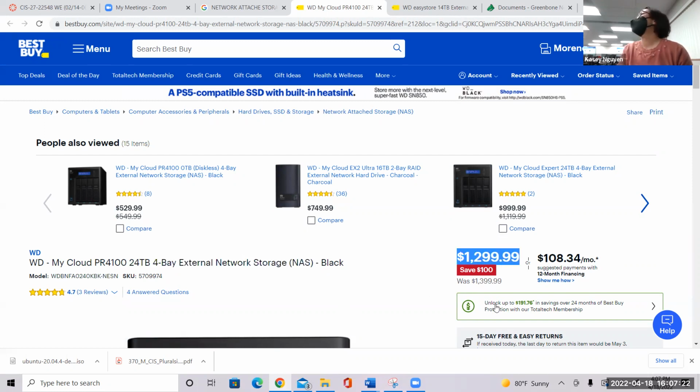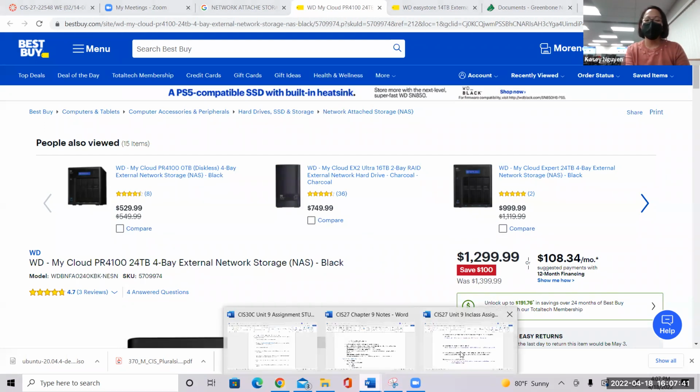With this price, it should, right? Because sometimes you see that price and it's 1 drive, and then you have to pay another $1,000 for another drive. Okay. So pick one. And you can take the description information from the page and add it to the assignment.